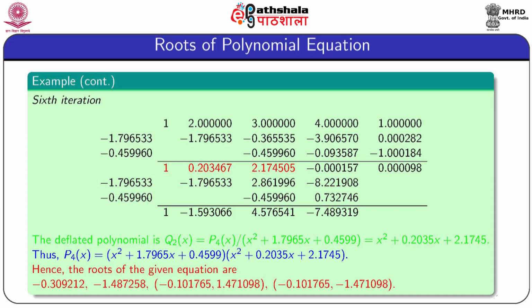Thus, the roots of the given equation are minus 0.309212, the second root is minus 1.487258, and the two other roots are complex. The first complex root is minus 0.101765 plus i into 1.471098, and the other complex root is minus 0.101765 minus i into 1.471098, where i is the imaginary quantity, which is nothing but root over minus 1.